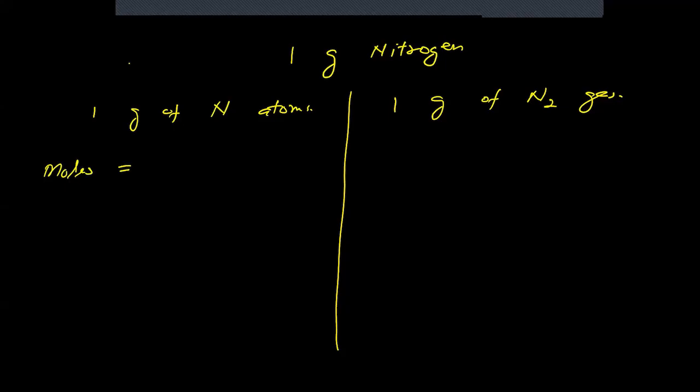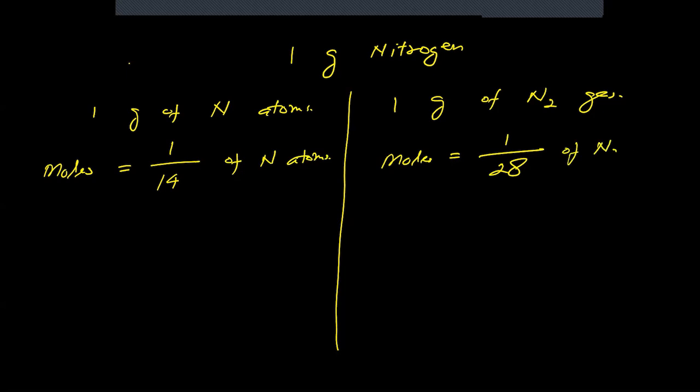Here moles will be mass divided by atomic mass 14, since nitrogen is in atomic form. Here moles will be mass upon the molar mass of nitrogen, 28. These moles are of nitrogen atoms. These moles are of nitrogen gas.